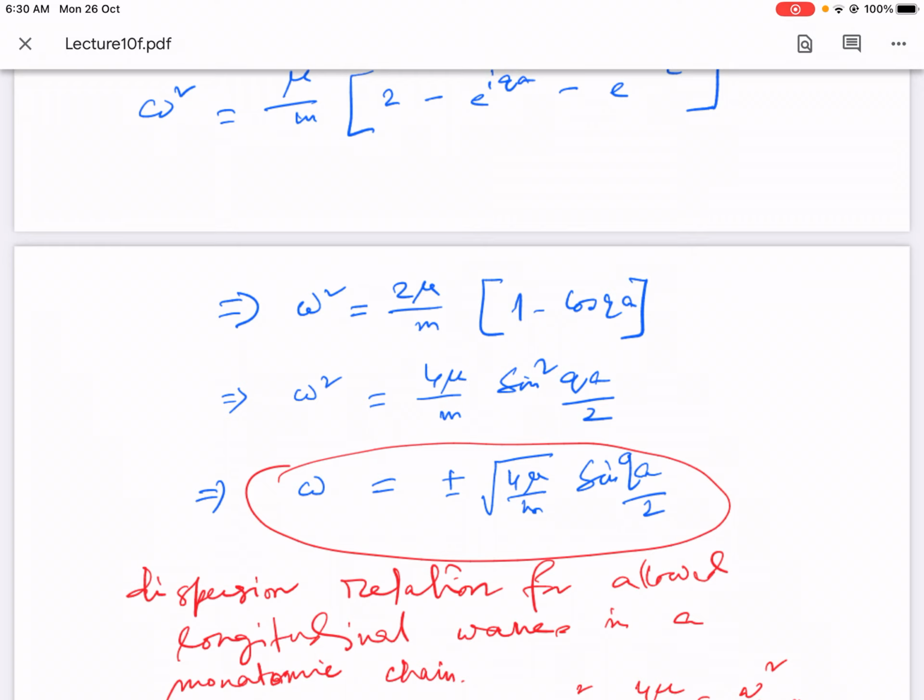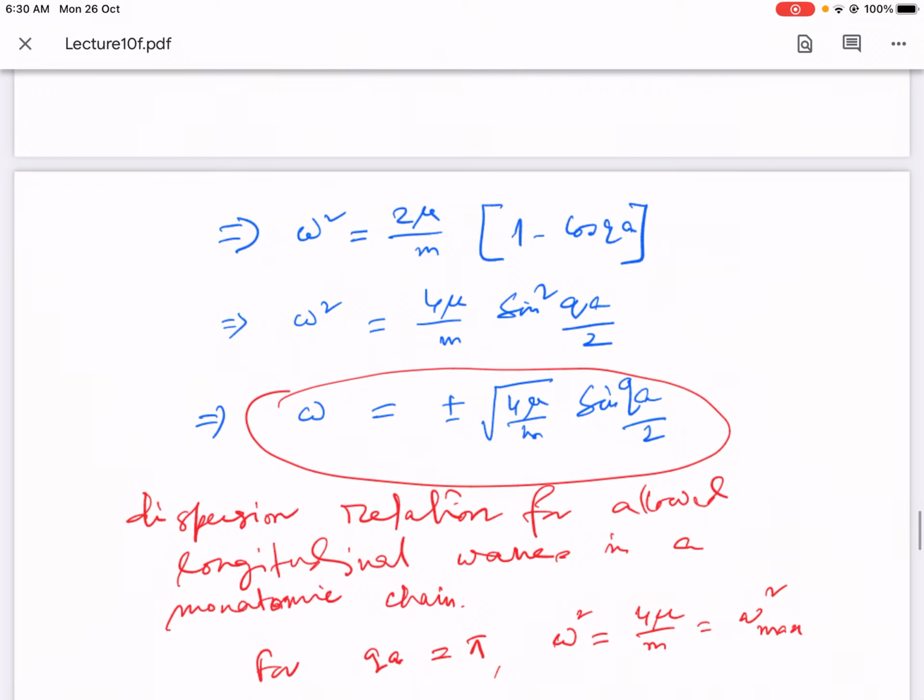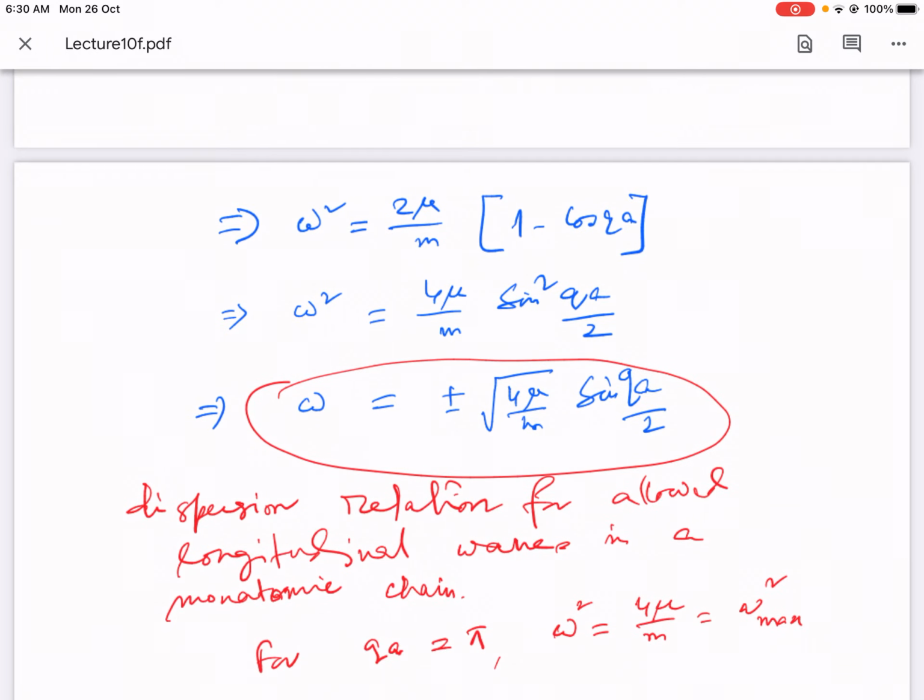So omega is equal to plus minus square root of 4 mu by m times sine qa by 2. We take the positive result because this is what is meaningful; the negative result would mean waves propagating towards left and right. So let us consider omega equal to plus square root of 4 mu by m times sine qa by 2.